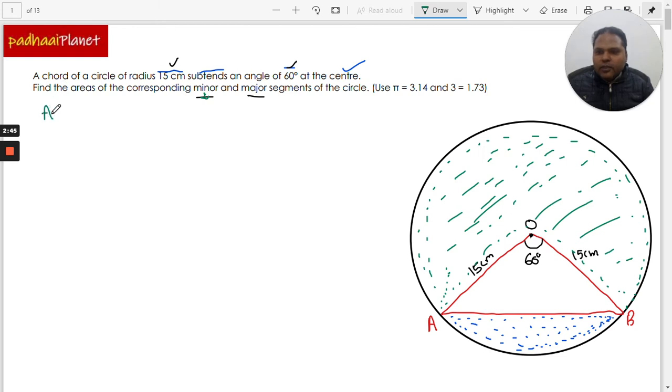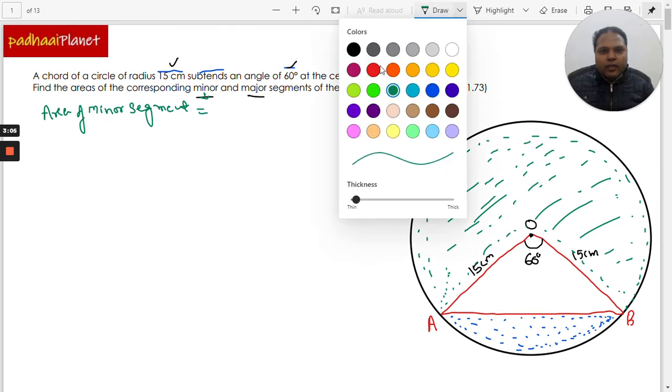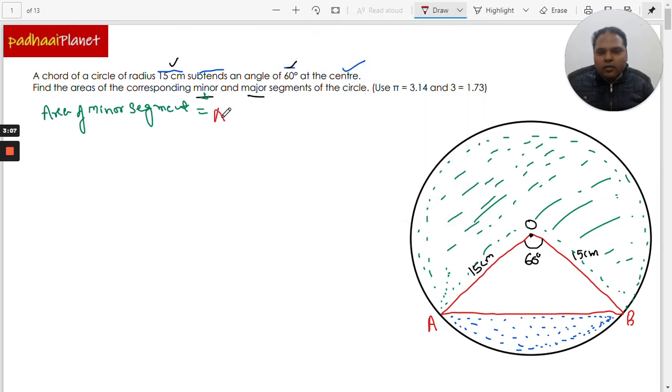The area of the minor segment is equal to the area of the total sector which is created by this chord.